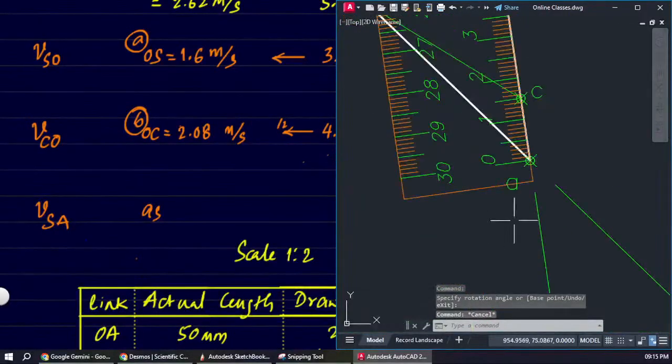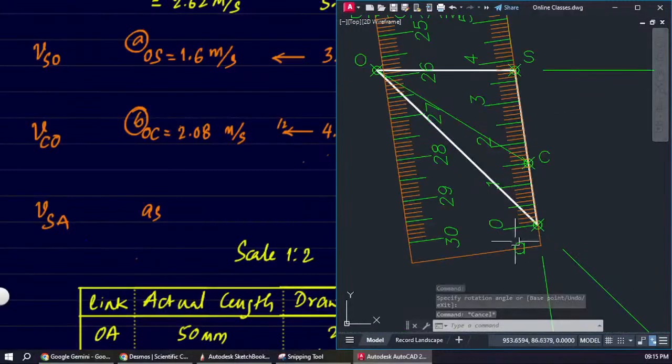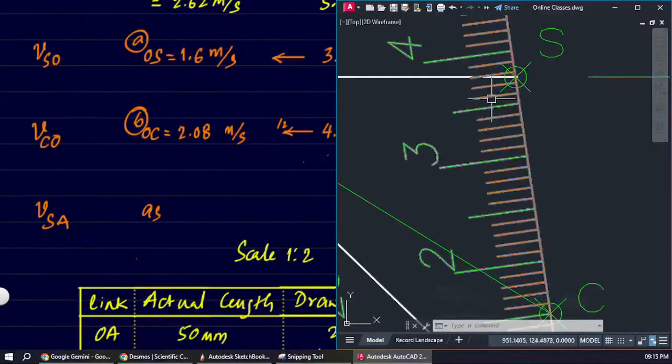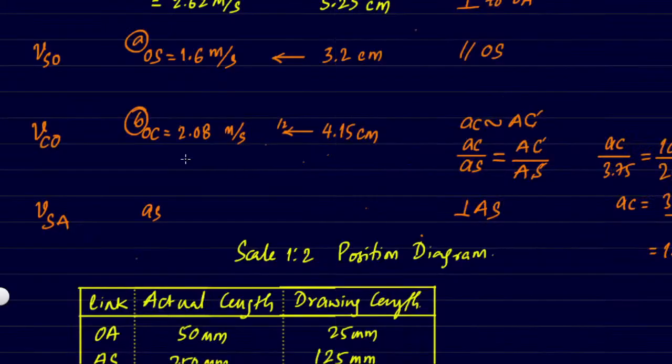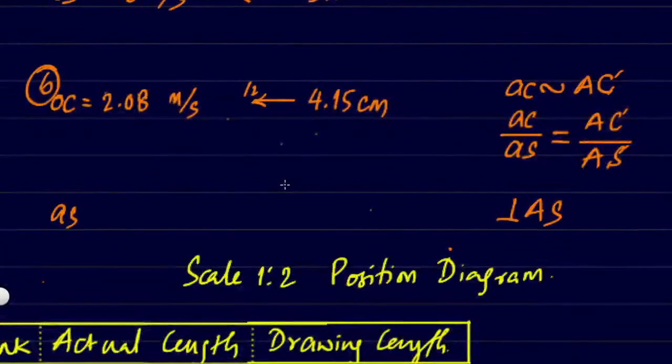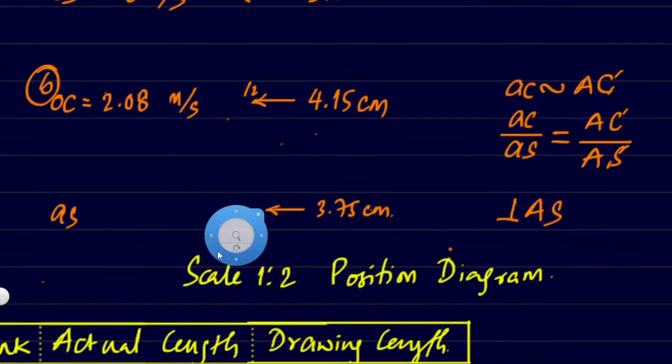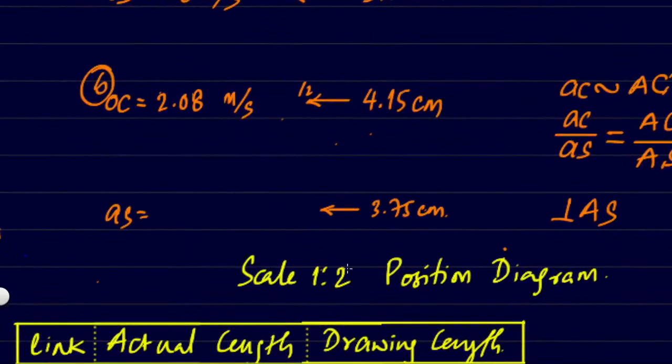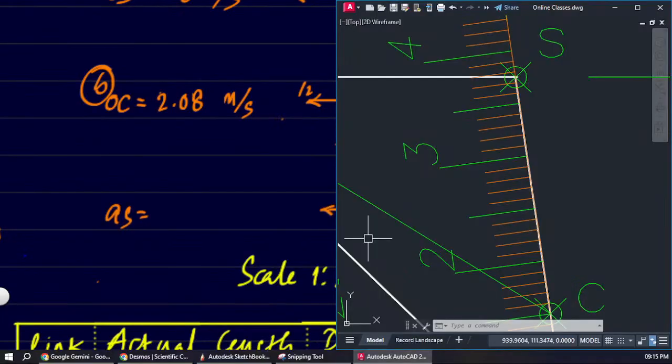A to S, we are getting 3.7 and 3.8, in between 3.7 and 3.8, so 3.75. So 3.75 centimeters, we got this as the length. Once again, we have to divide it by 2 to get the actual velocity.